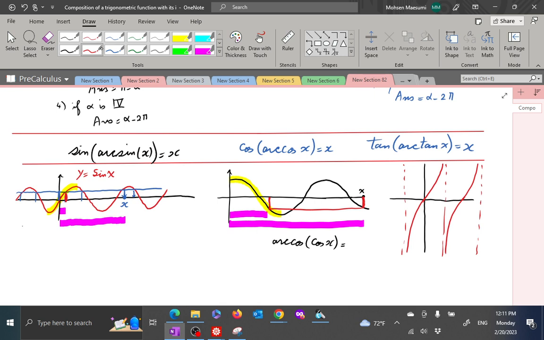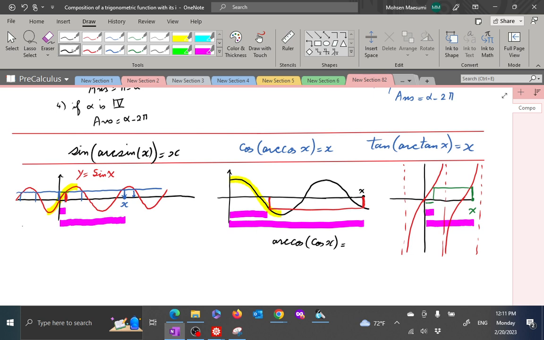If I'm given some x value, so if this is x, this is the tangent of x, and the question is, where does this value happen for the first time? I have to back up to this location, and this is the final answer. So in this case, the x that is given is that, and arctangent of x is this.